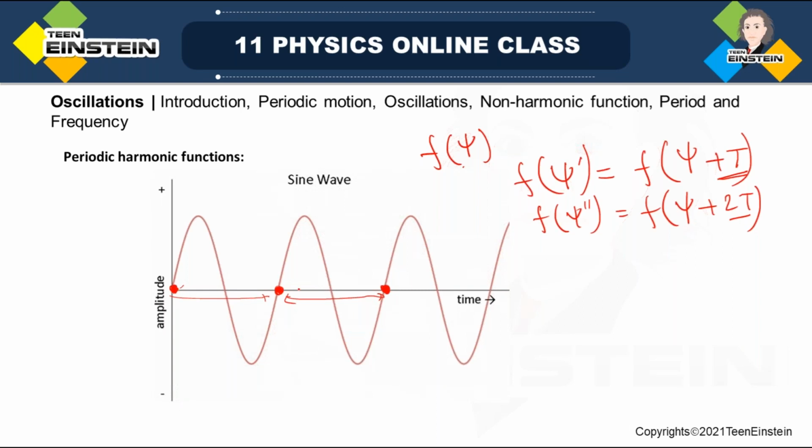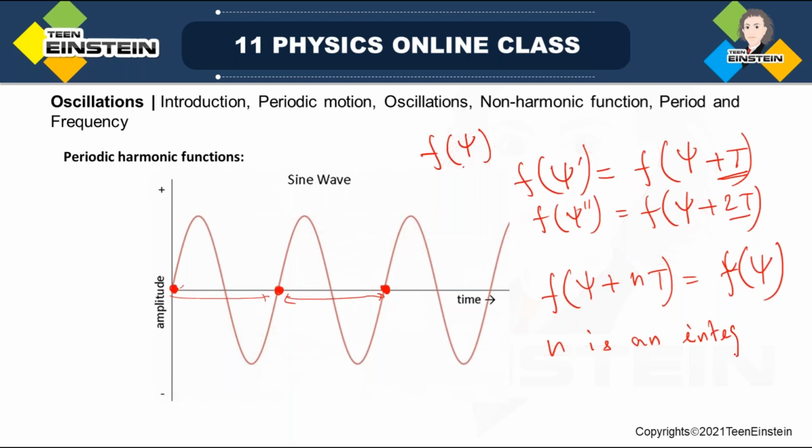Therefore, I can define a function to be periodic when f of psi plus n t is equal to f of psi, where n is an integer.